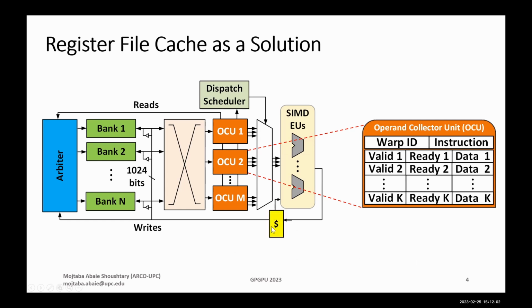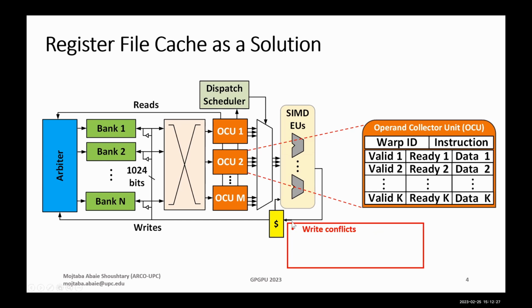For example, let's assume we have a cache added in this stage. We fill the cache with the output of SIMD units, and let's assume the policy for the cache is write back. So in this scenario, we may also create new problems that we have to mitigate.